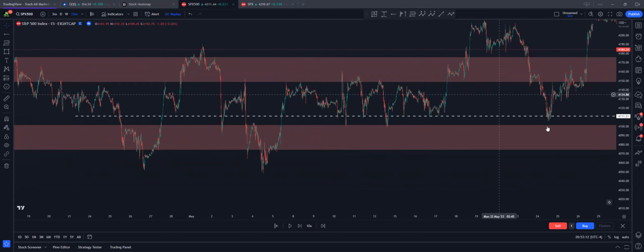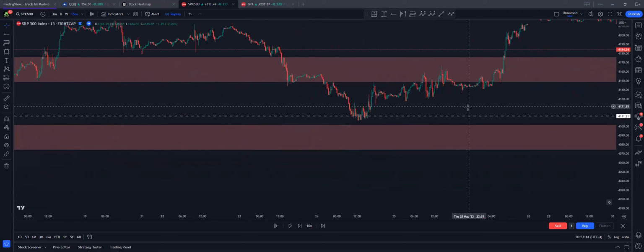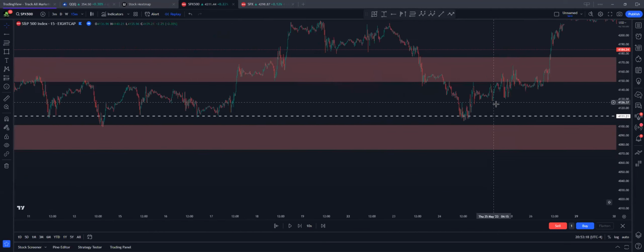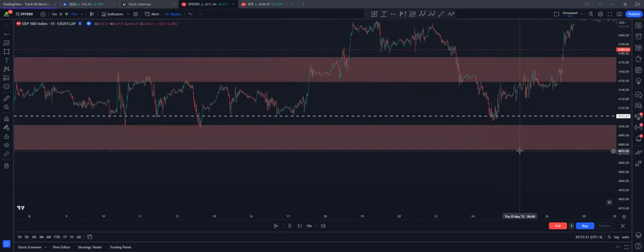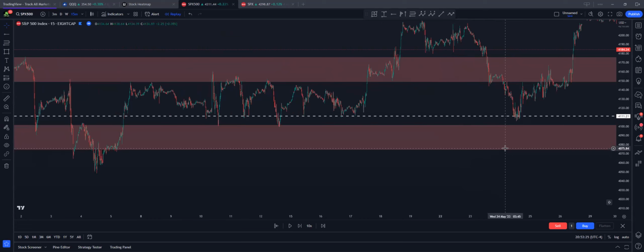Perfect. Now, here's the good thing. This is why supply and demand is good and how you can use it. As you break this support at 4110 and you're thinking about going short, you have to consider the fact that you're coming into a range that will potentially push the price up. You don't want to go short at the break of this support.